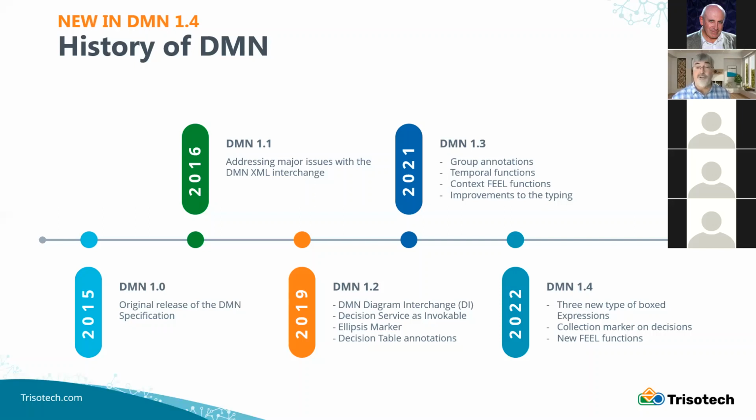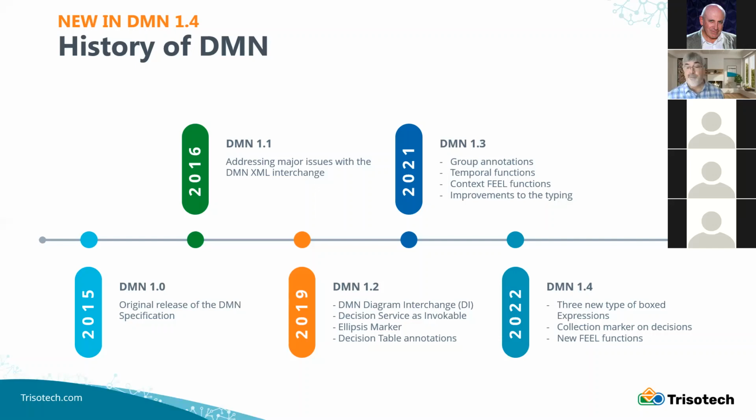We also introduced a full collection of temporal reasoning functions to DMN. That was in 1.3. We also added some context functions then, and did some good improvements to the typing features of DMN. And now, we're just in the process of releasing DMN 1.4.